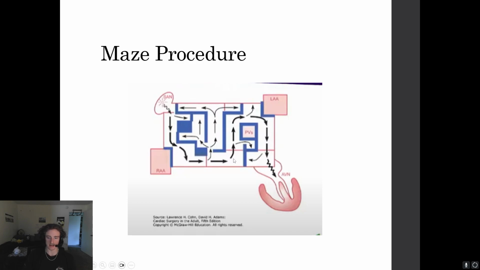If there's a signal in any of these areas, it has to flow through the same pathway so that you're mitigating the impact of ectopic signaling, right? Randomly generated signals have to follow the same pathway, so you're really minimizing how much those ectopic signals can impact the rhythm of the heart.